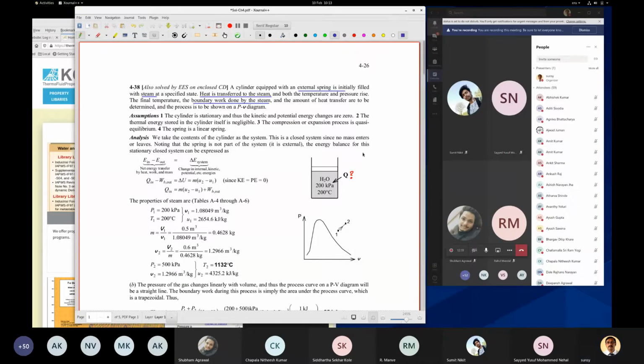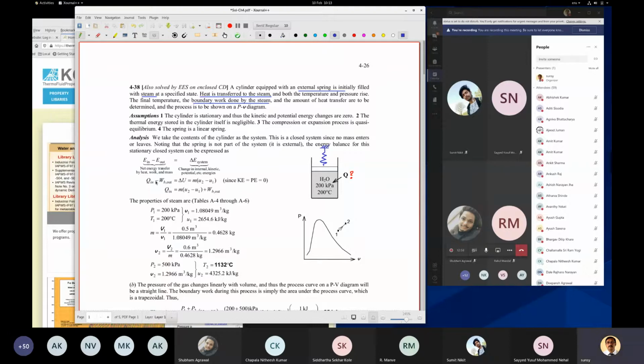So there is a spring here, and against that, it is changing its volume. So naturally, first we have to check what is the change in energy inside. Because it is a closed volume, there is no flow coming in or flow going out.